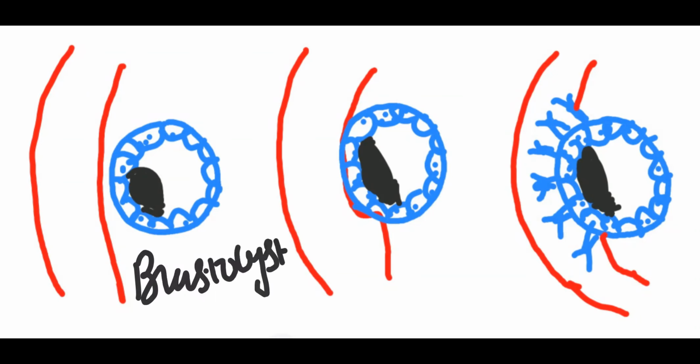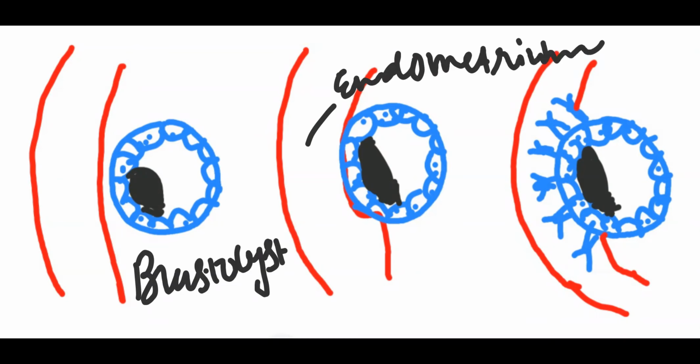It is getting lodged into the wall, that is the endometrium part of the uterine wall. It is the trophoblast layer which comes in contact with the endometrium.